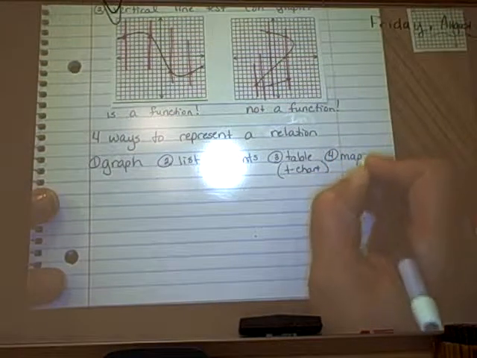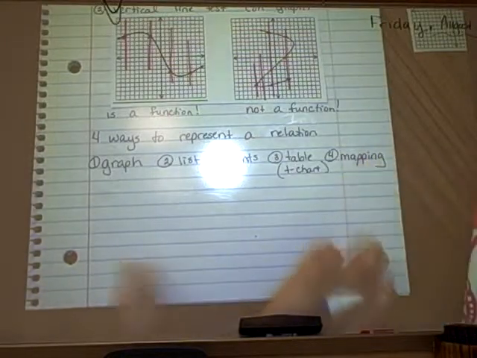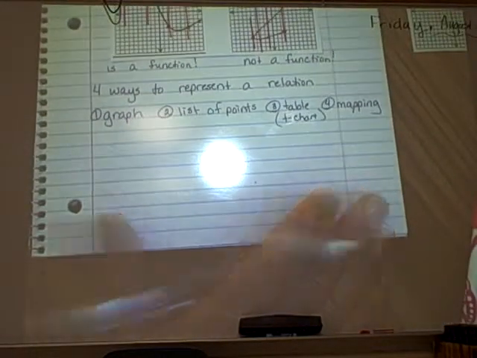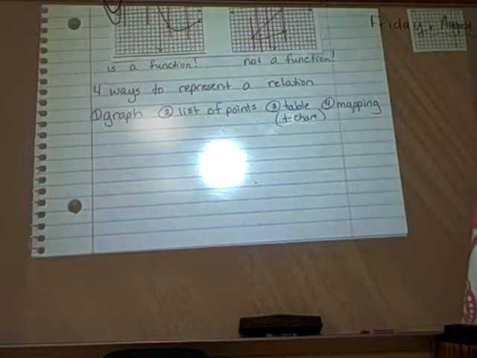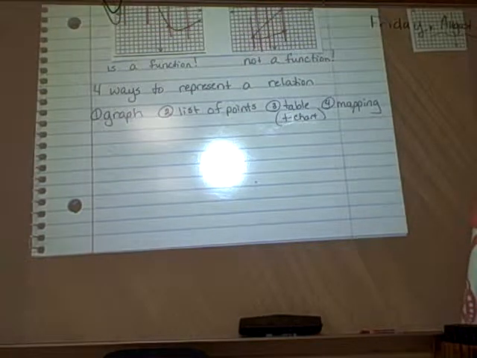It's called a mapping. And I'm going to show you what that is in just a sec. So there's your 4 ways to represent a relation: a graph, a list of points, a table or T-chart, and a mapping.